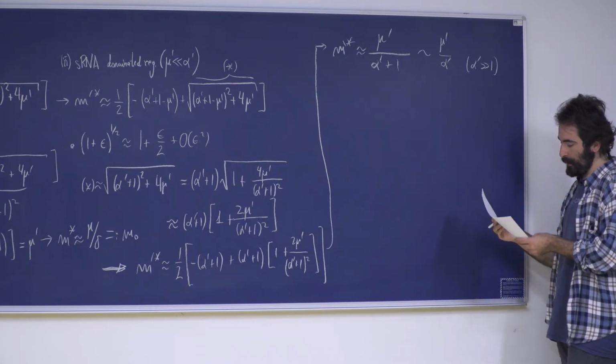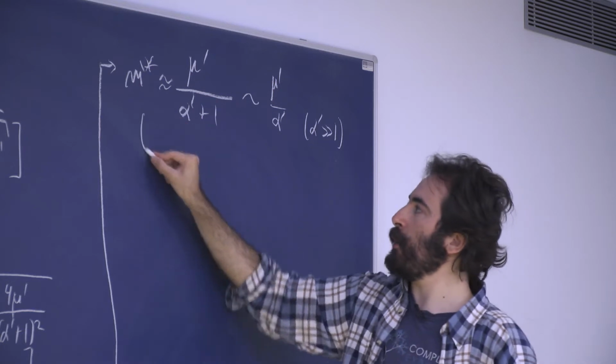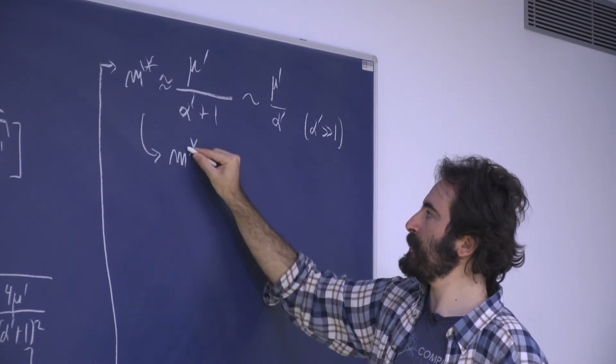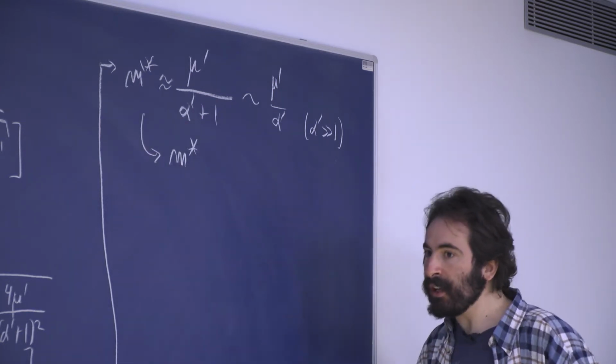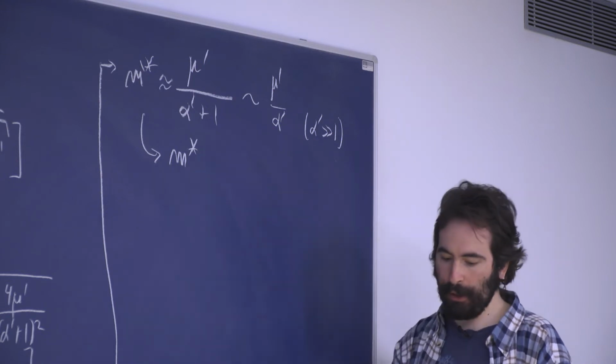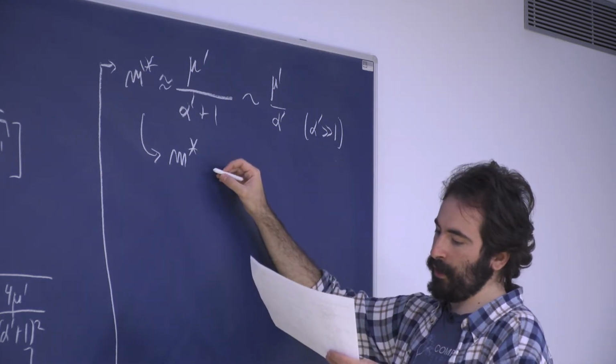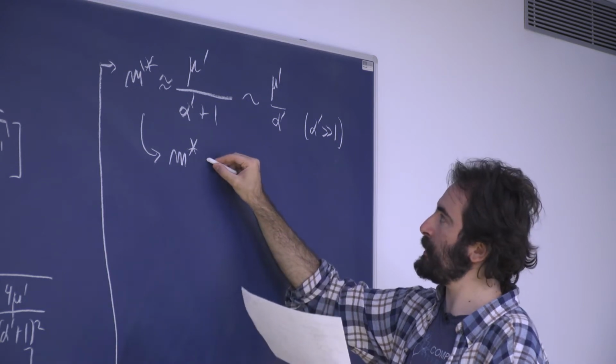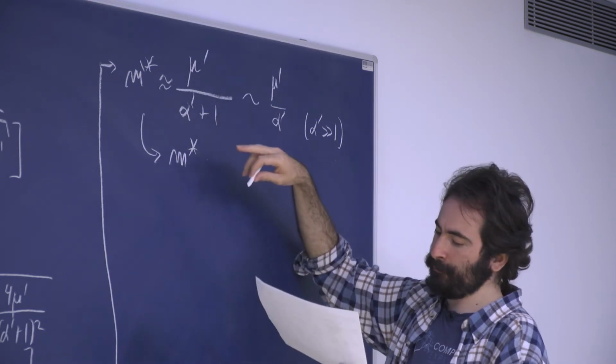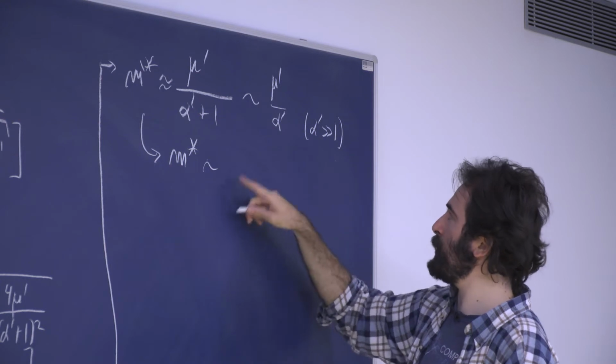Great. Finally, if we wanted to go to our initial set of units, we have to undo all the transformations that we did. We can see that this is going to give us something like this. Here I'm also using this approximation.